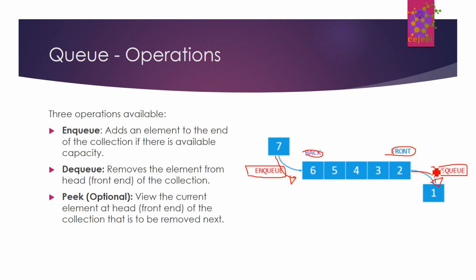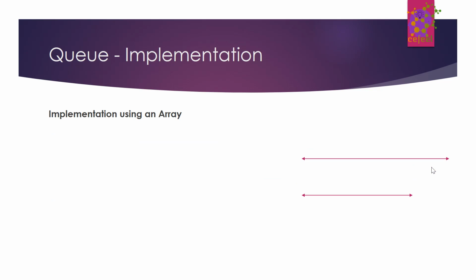Okay, alright, now let's see each of these operations in detail with an example. So remember, as we already discussed, we will be implementing the queue using an array. So we are assuming that we have an array, and the array has a fixed initial capacity, and a pointer.